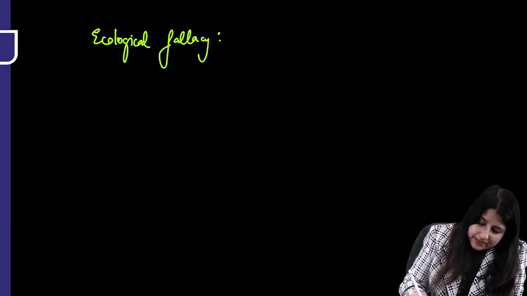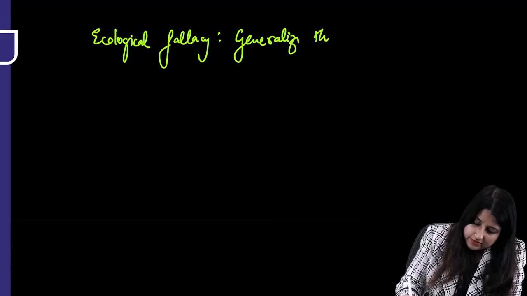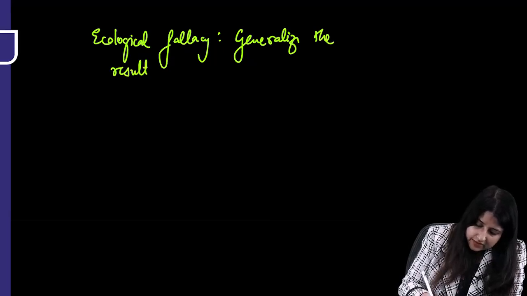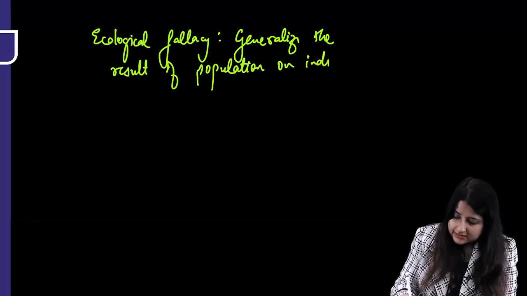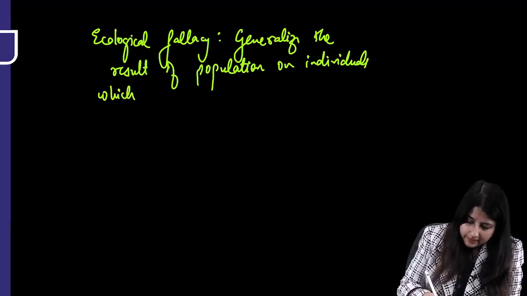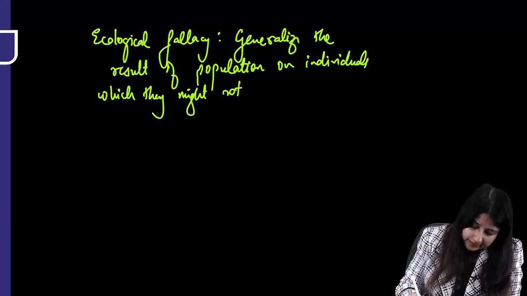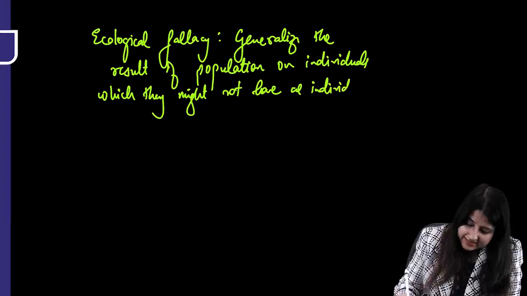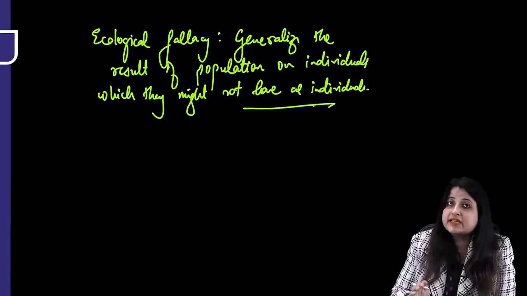Ecological fallacy simply means that we generalize the result of population on individuals which they might not have as individuals.